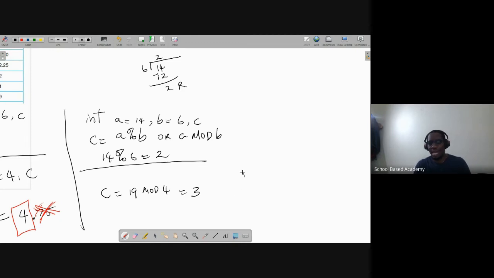It's the same thing here. 19, 4. 4 into 19 is 4. 4 times 4 is 16. 19 minus 16 is 3. This here is your modulo result.